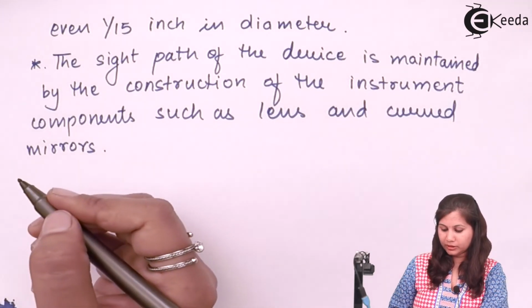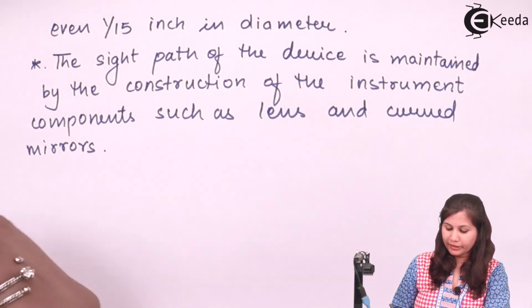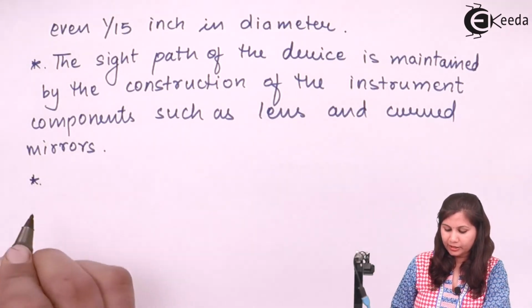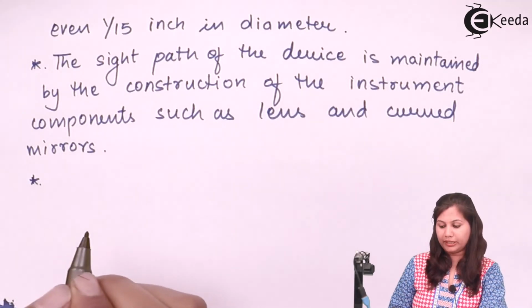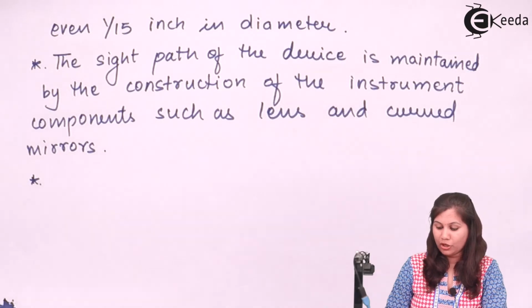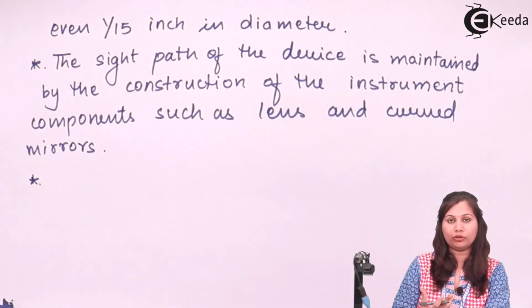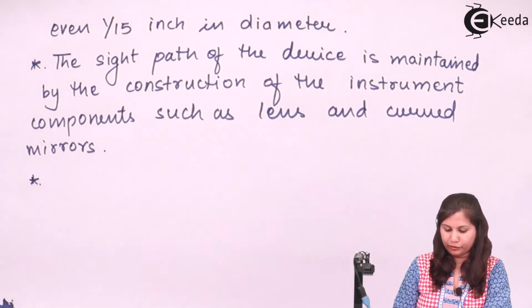Another advantage of the radiation pyrometers is that they can measure the temperature of very hot objects without coming in contact with them. So if we want to measure the temperature of corrosive liquids also, in that case also it is very helpful.